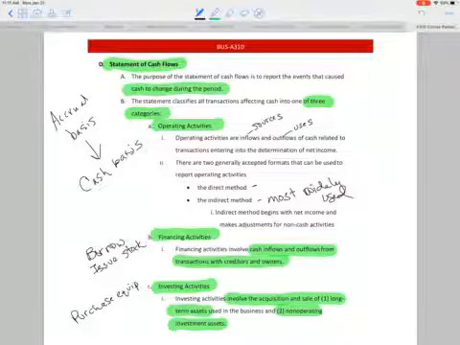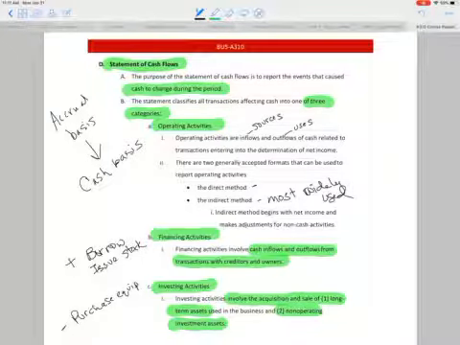If we purchase equipment, then we're going to assume that we paid cash. So a purchase of equipment would decrease the cash flows under investing activities. If we actually financed the purchase of that, that would increase cash flows under financing activities.